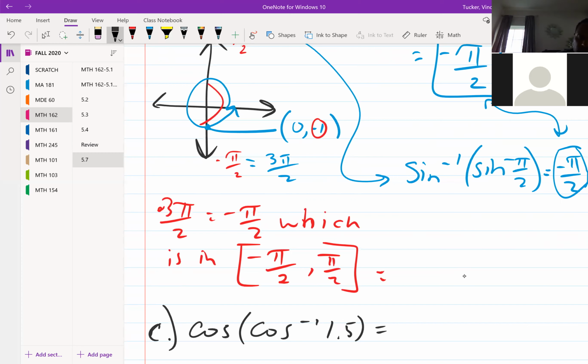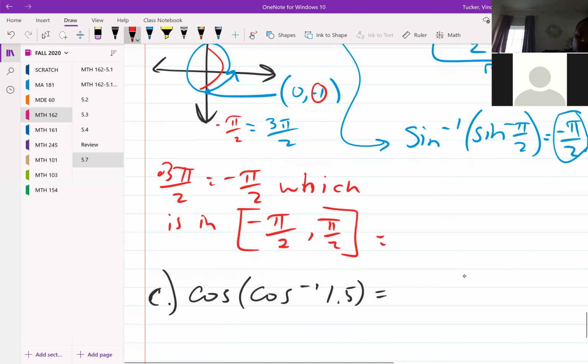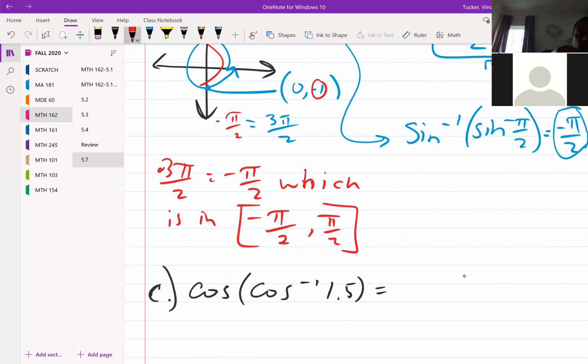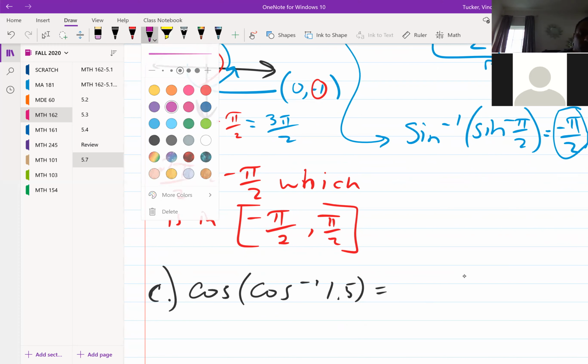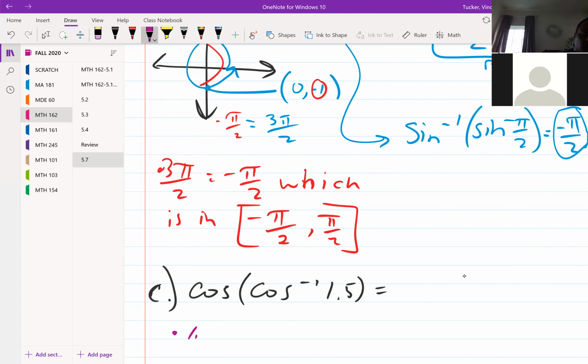Cosine of cosine inverse of 1.5. 1.5 is not in that domain. So it's not defined.